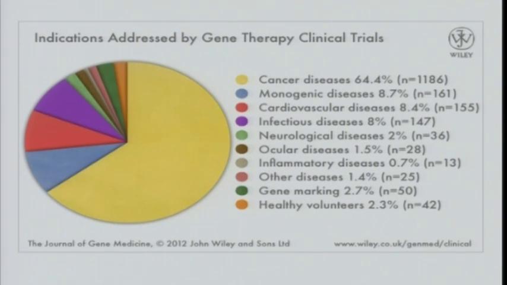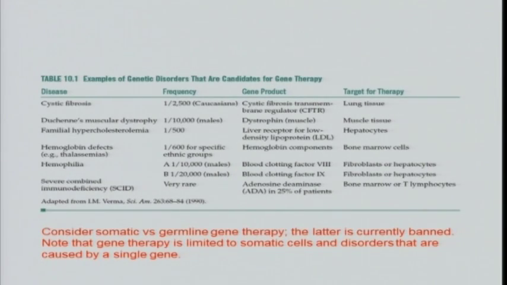So if you were to do a clinicaltrials.gov search, you'll find a whole slew: cancer diseases, monogenic diseases, cardiovascular diseases, gene marking, healthy volunteer studies in terms of gene therapy clinical trials. And I think you've got to consider what kind of gene therapy you're doing, whether it's somatic or germline gene therapy, and that gene therapy at this point is really limited to somatic cells and disorders that are caused by a single gene.